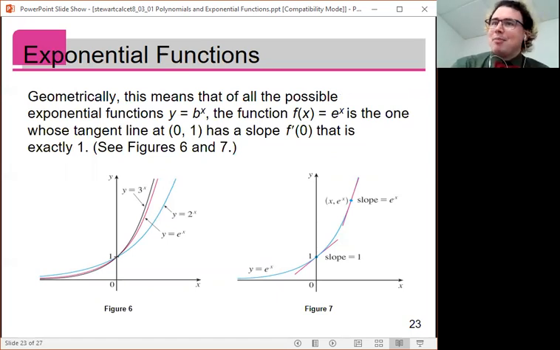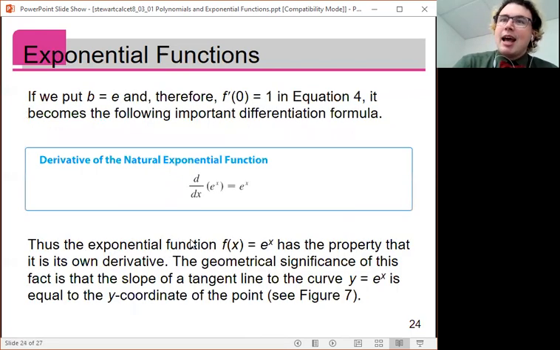And amongst all of them, the function e to the x is special because it is its own derivative rather than being a multiple of its derivative. So every exponential function, its derivative is some number times the original function, and that's really cool in its own right too. We'll be talking about exactly how to find that number in a bit. But e to the x is the very special function where the derivative of e to the x is itself.